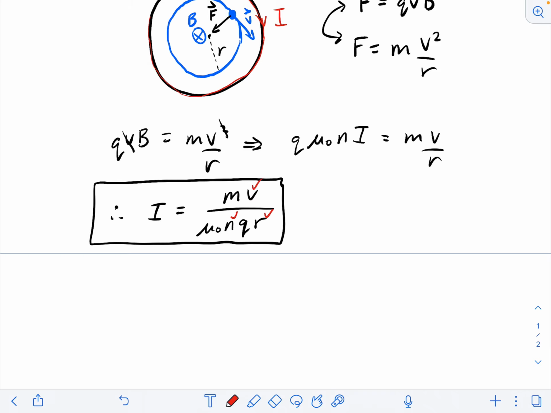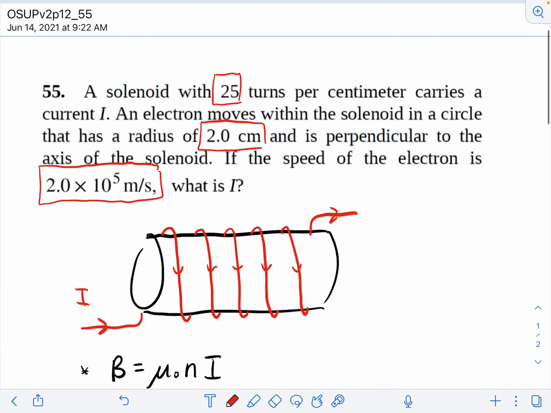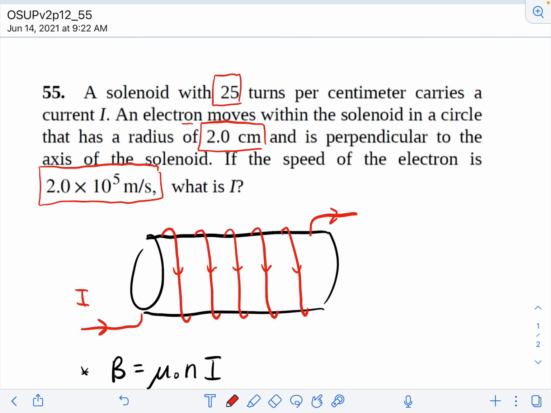However, we could also imagine modifying this problem so that instead of an electron, we could randomize that. We could say an electron or a proton or an alpha particle. If we did that, then the mass and charge would always change. The mass of an electron, a proton and an alpha particle are different. The electron and the proton have the same magnitude of charge, opposite sign.